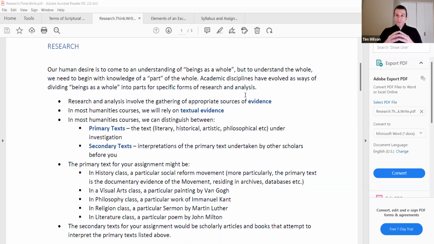So in most of those humanities courses, we distinguish between primary texts and secondary texts. The primary text can be literary, historical, artistic, philosophical, whatever the text is that's under investigation. And then you've got secondary texts, which are interpretations of that text by scholars that have come before us.